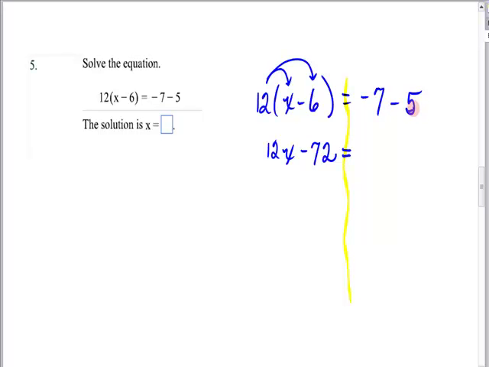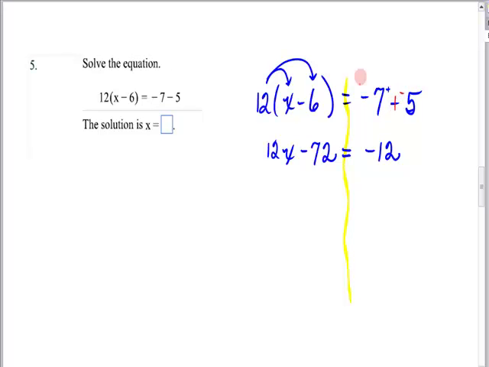Now, take you back in your mind, using the addition rules to combine like terms, it's like there's a little baby plus sign between them. A negative 7 and a negative 5 add together for negative 12. You're still welcome if you want to do keep, change, change.